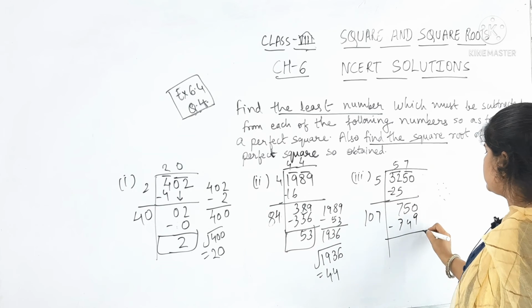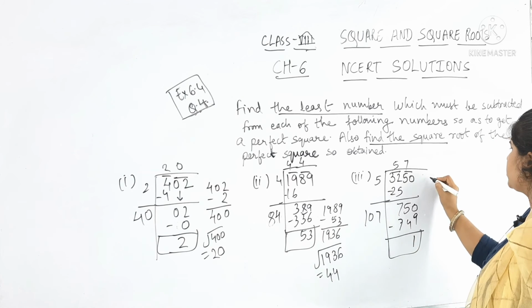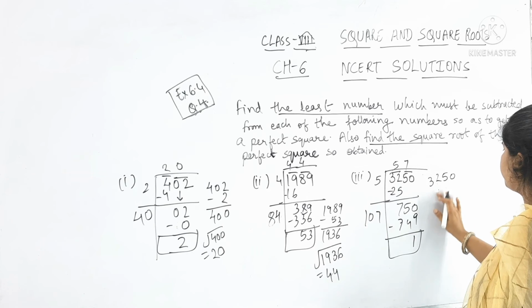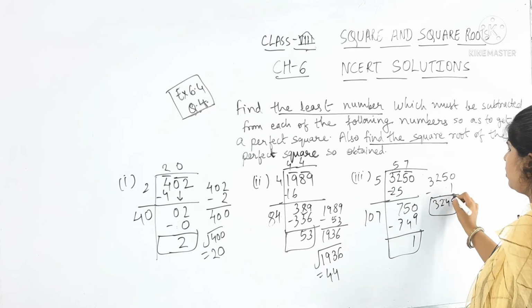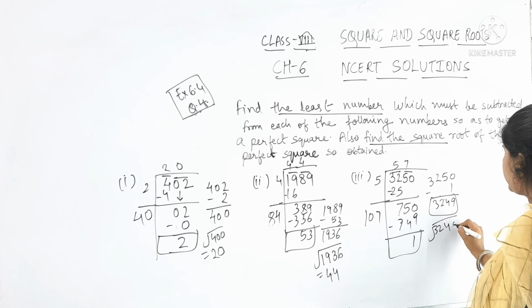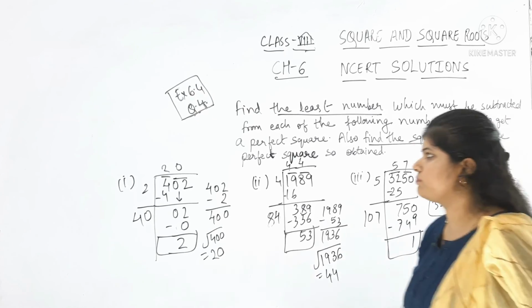Okay, so the remainder is 1. So 1 is the least number here. So what you have to subtract: 3250 minus 1, that is 3249. Okay, 3249. So under root of 3249 is equal to 57. Like this you have to solve.